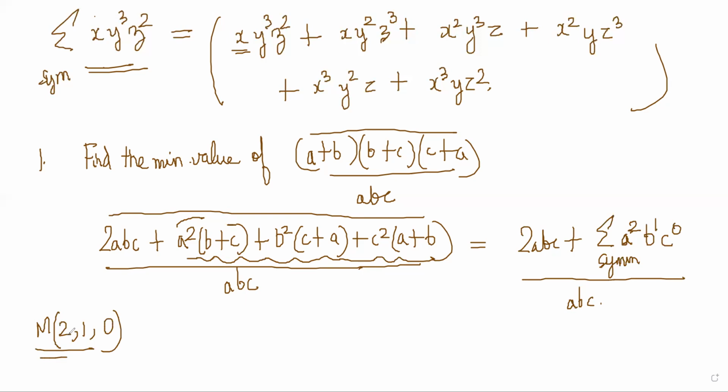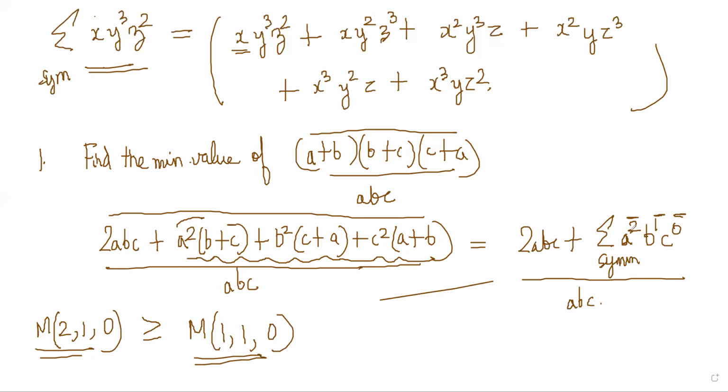So we have the symmetric sum M210. Here I'm writing just the coefficients a1, a2, a3. So here the powers are 2, 1, and 0, right? So this is a symbol that helps us write the symmetric sum instead of writing the summation sign always. So M210 we know will be greater than or equal to M110. Why will it be greater?